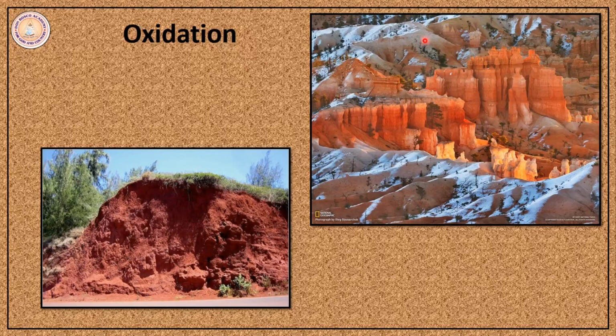So you can see in this particular picture that these rocks have become exposed because the outer or above layers of rocks have been dissolved or removed due to erosion, and that has occurred due to oxidation.